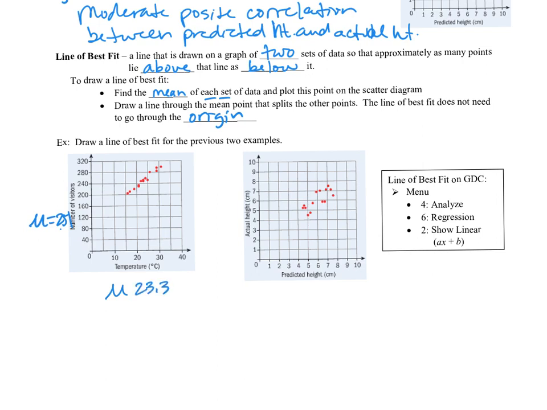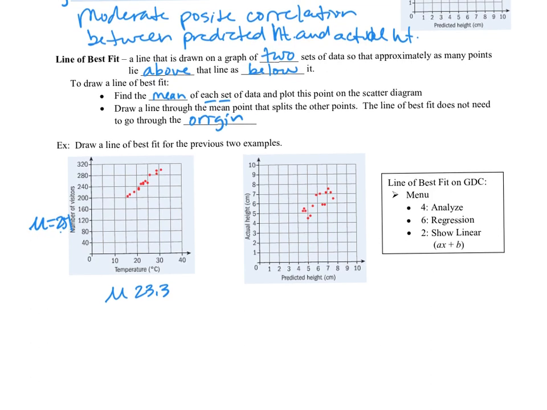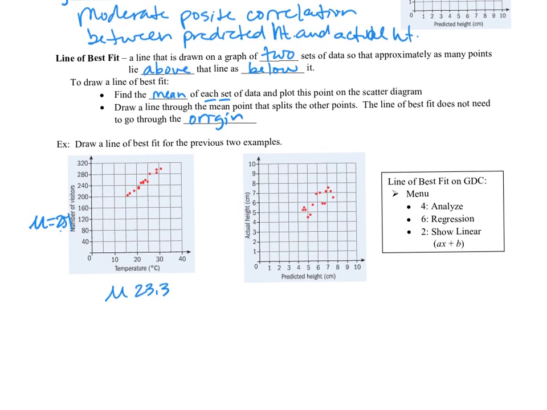So we will plot that point as best we can. We'll start at the origin, go to the right 23.3 units, and then up 251 units, and it's going to be hard to tell on this teeny tiny graph where that would go. I would guess right about here.